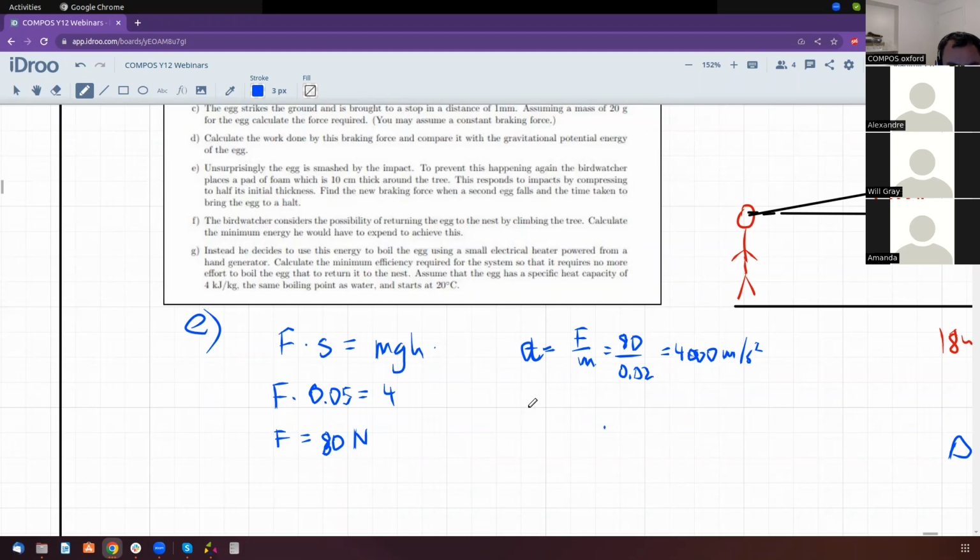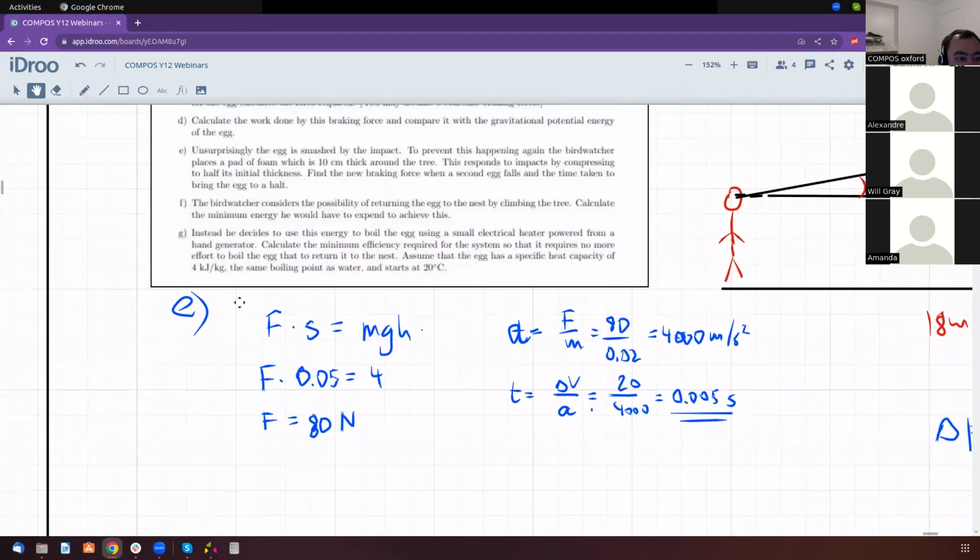And the time is the change in velocity divided by acceleration, which is 20 divided by 4,000. So 20 divided by 4,000 is 0.005 seconds. That's the time it takes to stop.